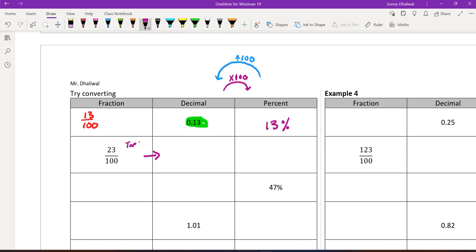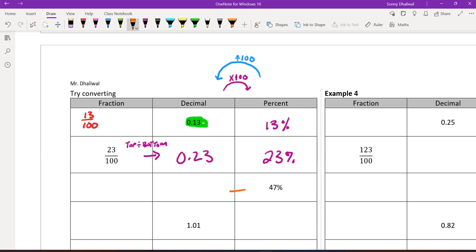Top divided by bottom. Numerator divided by denominator. So what number did we get? 0.23. What is that as a percentage? 23%. Nice. Multiply by 100, or convert it.